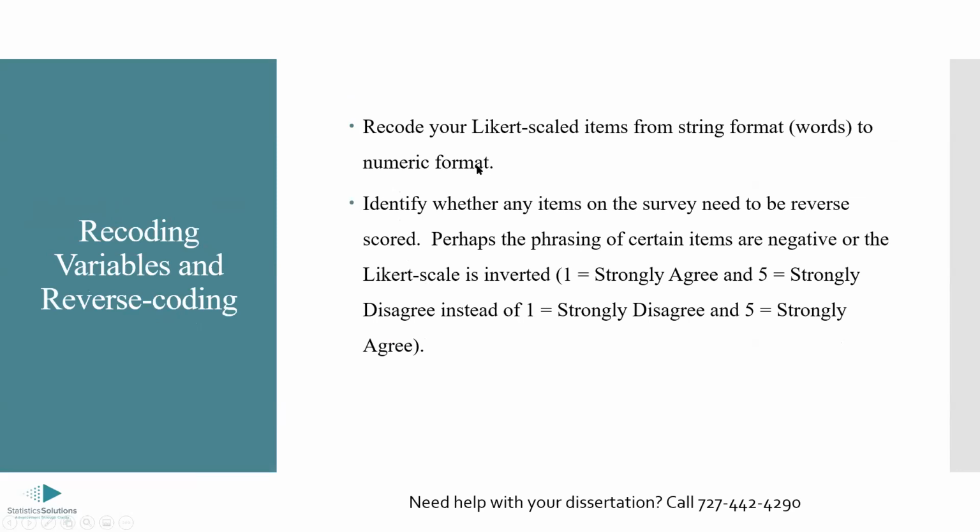Now we want to recode our Likert scale items from string format, which means words or symbols, and convert that to numeric format. We want to identify whether any items on the survey need to be reverse scored. So you'll definitely want to look at scoring instructions. If you're using a previously validated survey, there should be a scoring key that accompanies the survey, or perhaps you want to reach out to the authors of the tool and just double check.